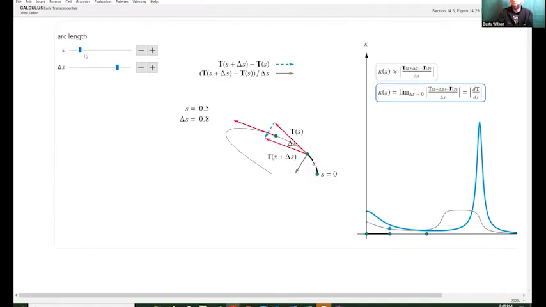What I want to look at in this picture is how the tangent vector changes direction as we move along the curve with that delta s. In this region here, the curve is relatively flat, relatively straight, and so our curvature is relatively small.